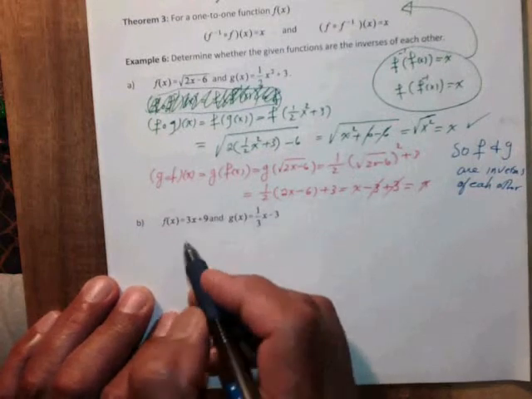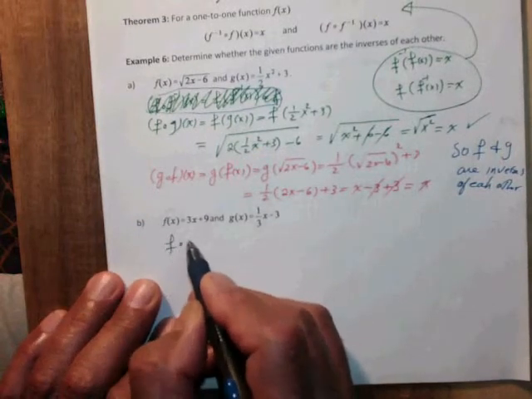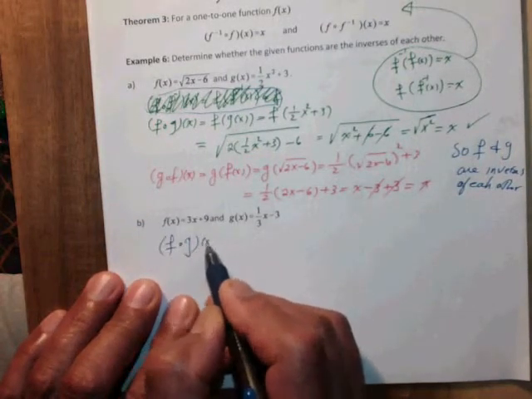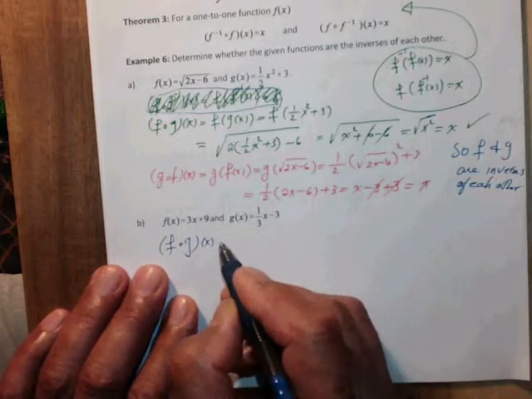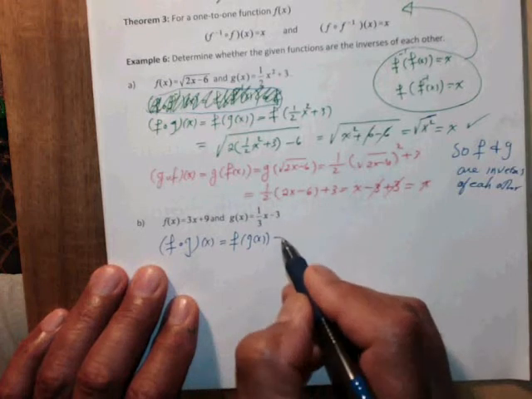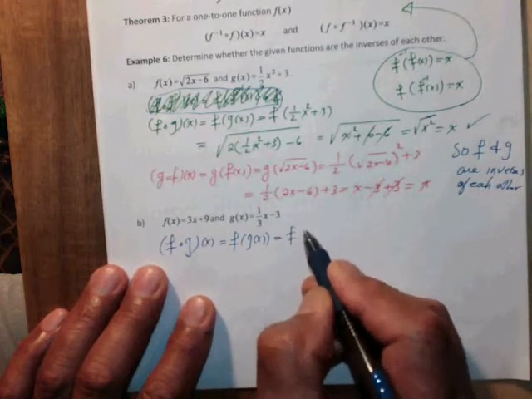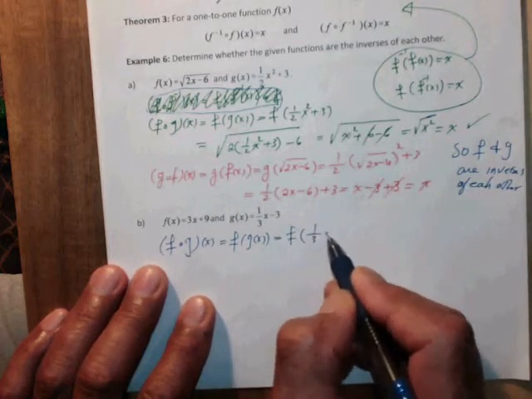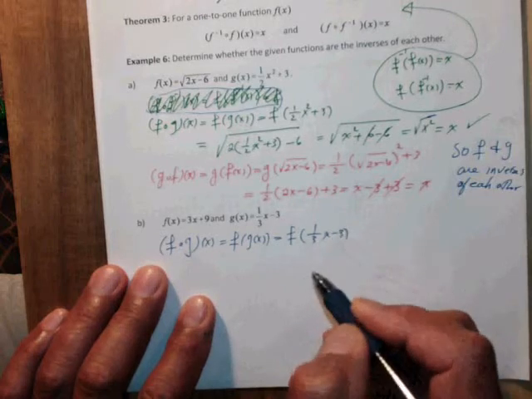The same thing here. I look at f circle g at x. This is f of g of x. f of g of x means f of 1/3 x minus 3.